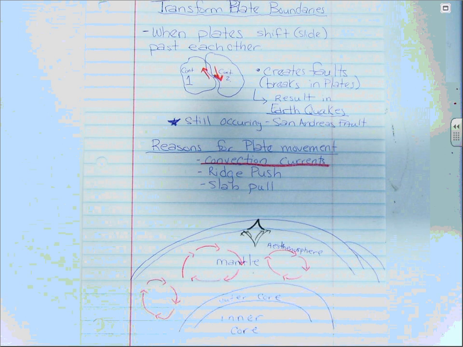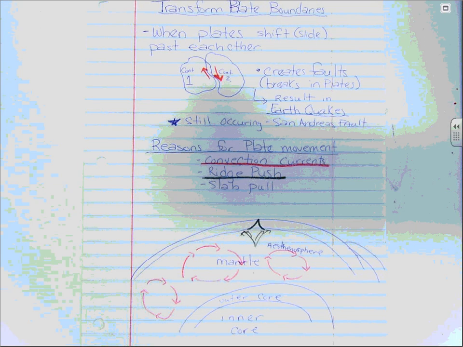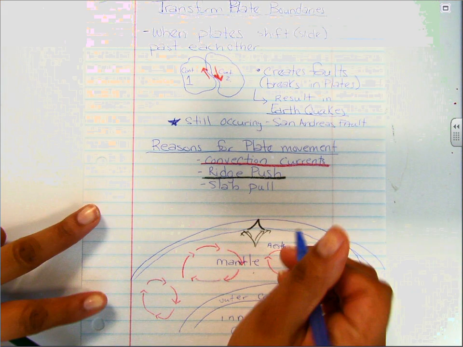So this is your ridge push. This right here is considered your lithosphere, because it's the thinner part of the mantle.